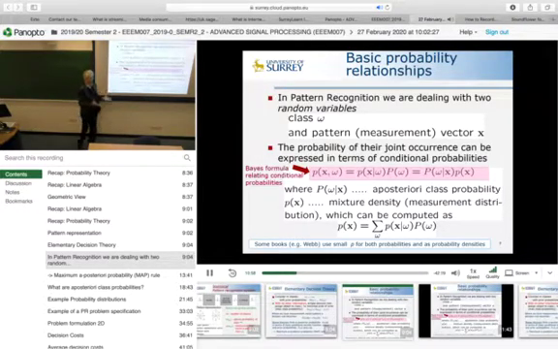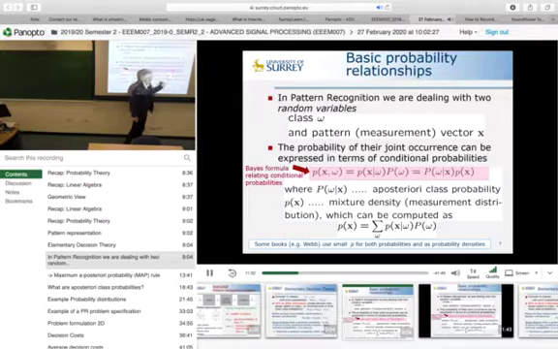If we didn't measure X and we wanted to guess what the classes were, this would be P of omega. It's just how likely the classes are. We haven't measured anything. This is our best guess. But if we measure X, we've now got P of omega given X. Given that measurement, we now have a new distribution over the classes, and this is the posterior. So there's the idea of before and after, prior and posterior, of measurements.